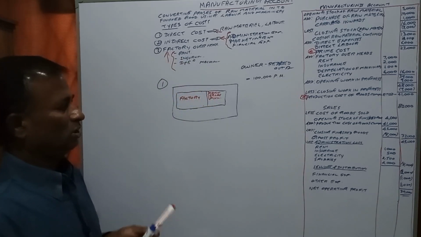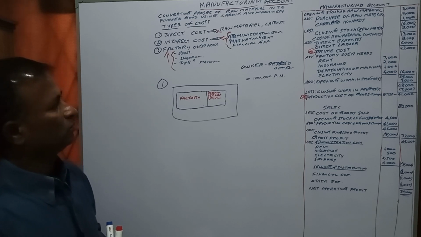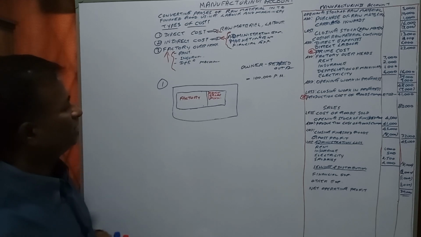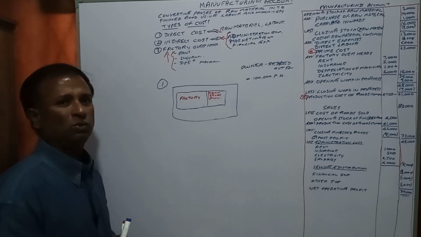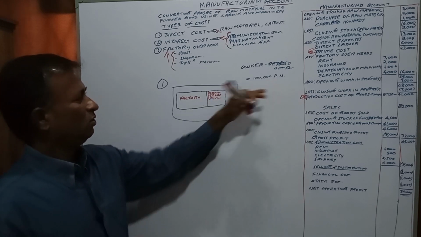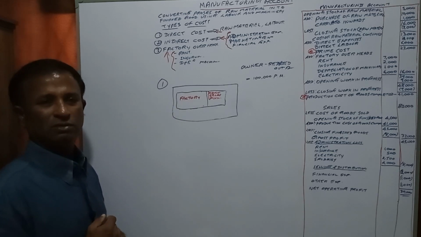So now there's a problem arising as to how we can apportion this cost to the factory and administration sections.